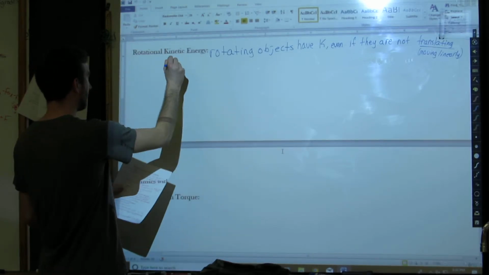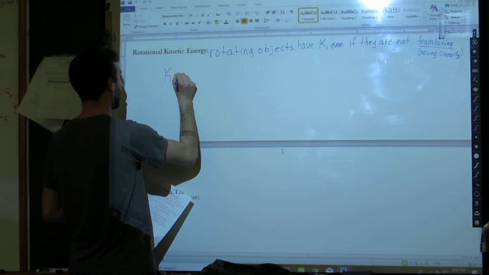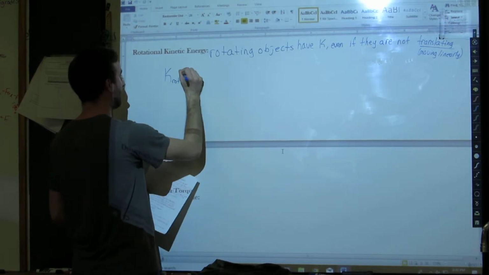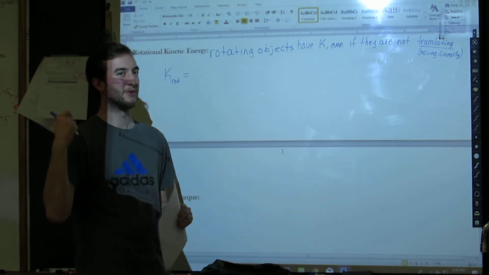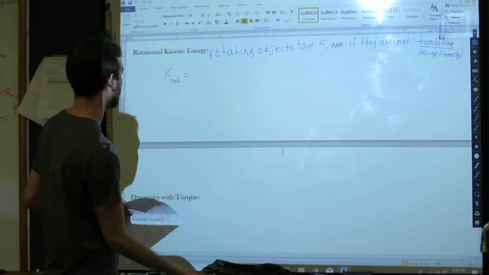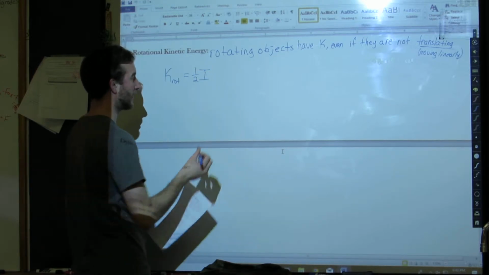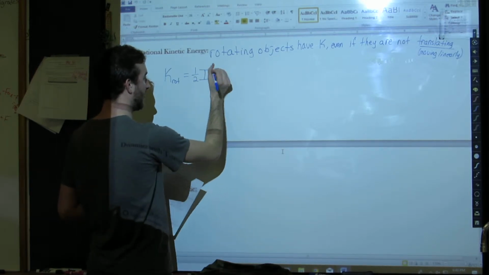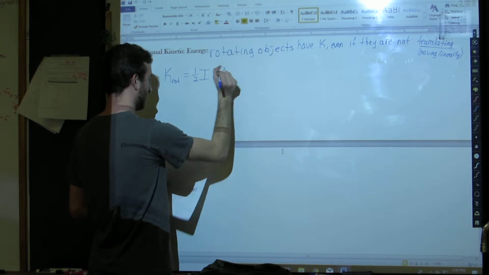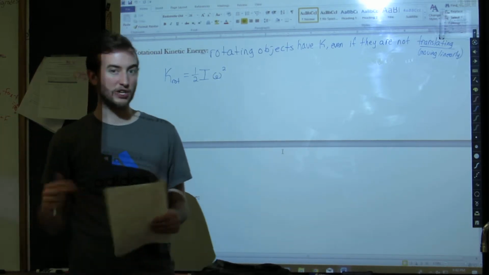The formula for rotational kinetic energy is as follows. K, I'm just going to put K rot for rotational, is equal to, well, if it was 1/2 mv squared for translational kinetic energy, instead of an m, hopefully you see where this is going, we're going to write an I, and instead of a v, we're going to have an omega squared. And this doesn't replace kinetic energy entirely.